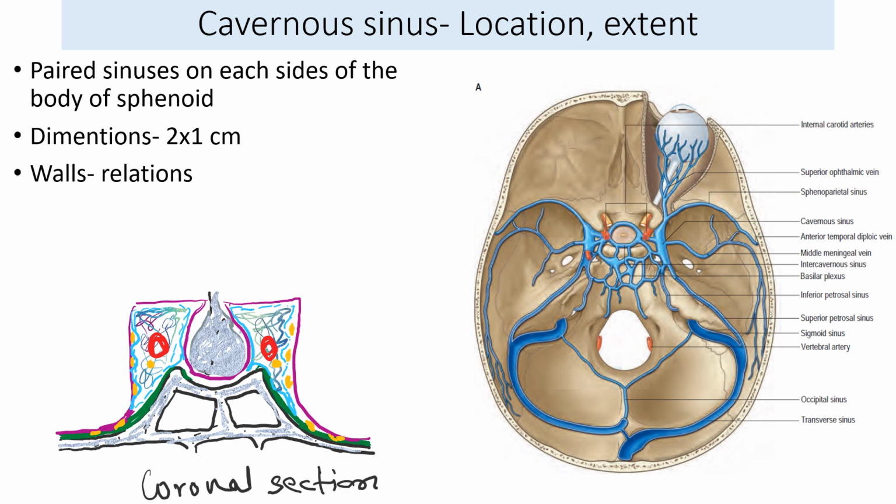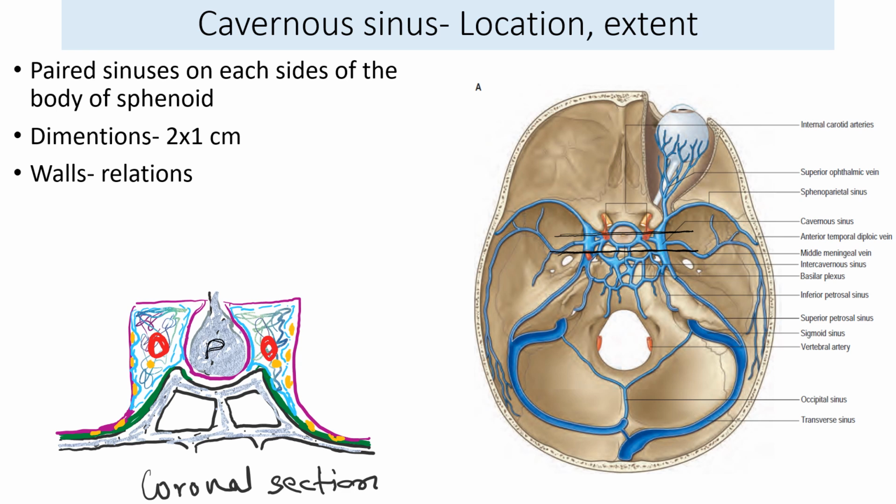To understand the relations, we should have a coronal section, which will pass through the body of the sphenoid like this, from where the stalk is present. If we take the section, this is the pituitary gland, which is sitting in the sella turcica.